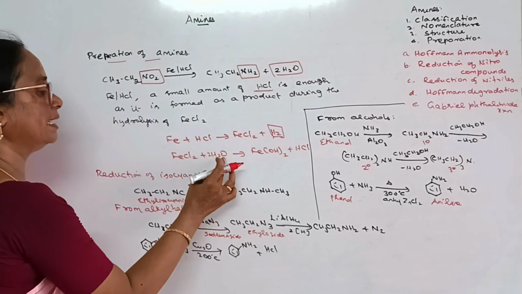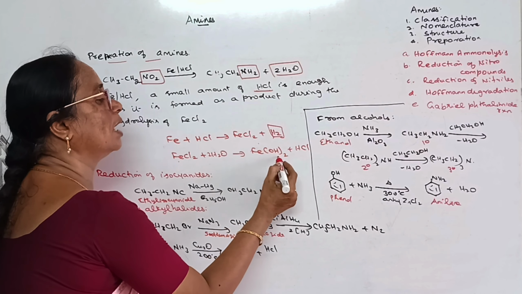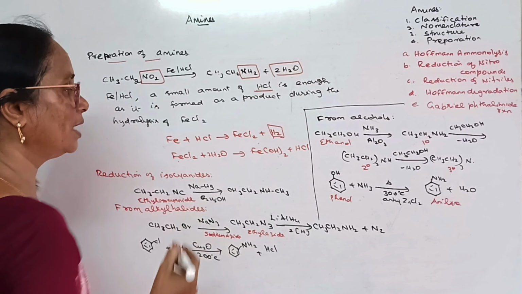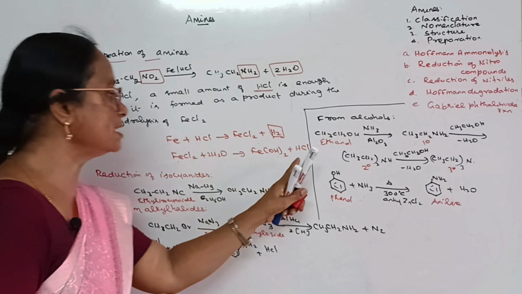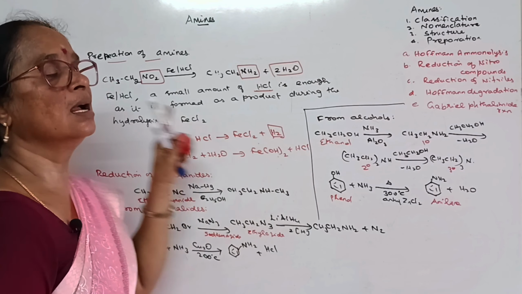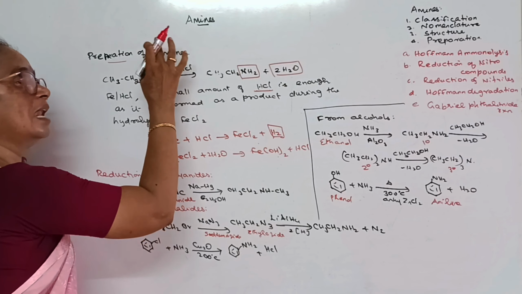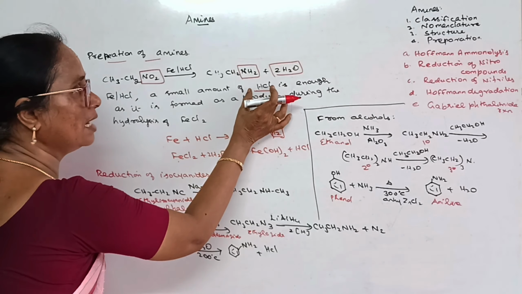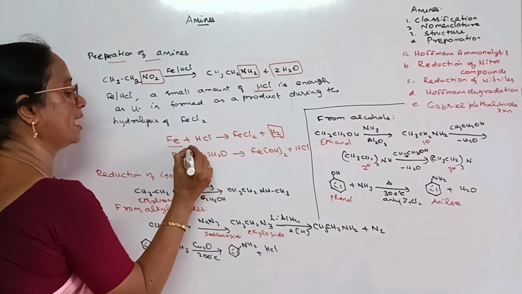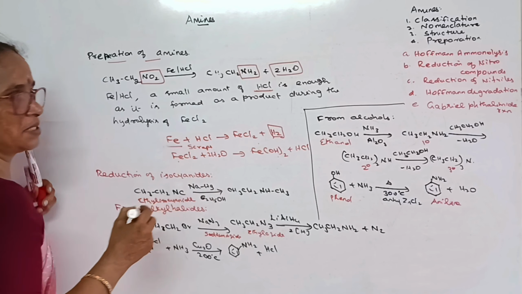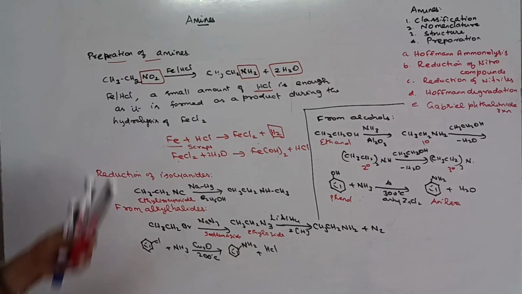This water hydrolyzes the ferrous chloride, iron(II) chloride, into iron(II) hydroxide and HCl. So because of the hydrolysis of the ferrous chloride formed, hydrochloric acid is produced once again. That's why, if you take iron and HCl as the reducing agent, a little HCl is sufficient, and the iron is taken in the form of scraps, meaning waste material, iron itself used as the reducing agent.